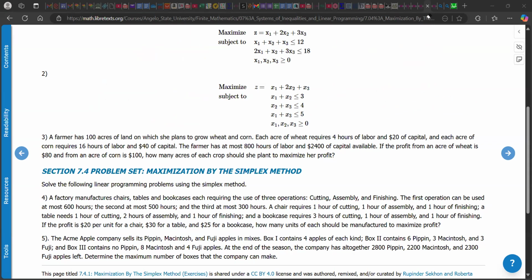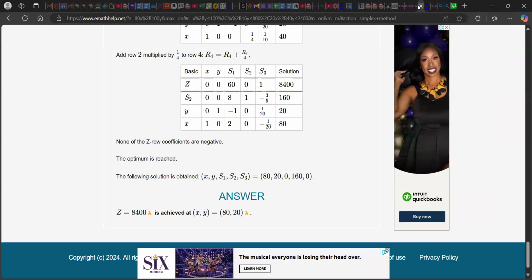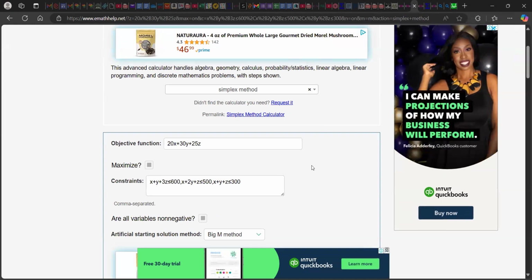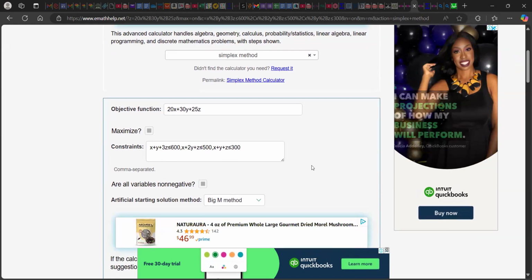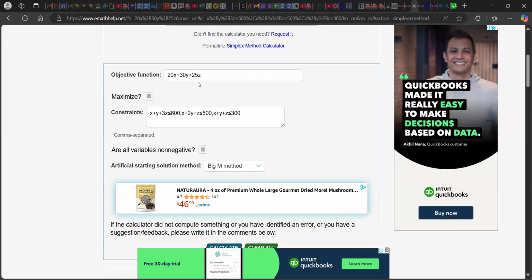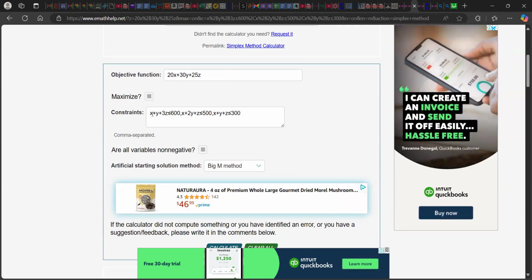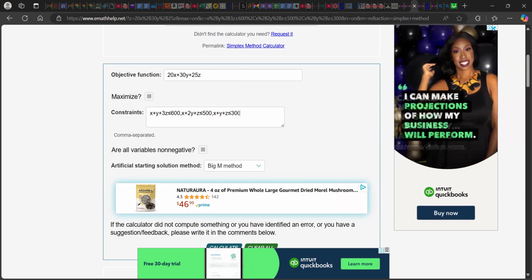So let me see, where's this? Is it there? No. Nope. Oh yeah, this is it here, right? So here we have our objective function. All the constraints are there.